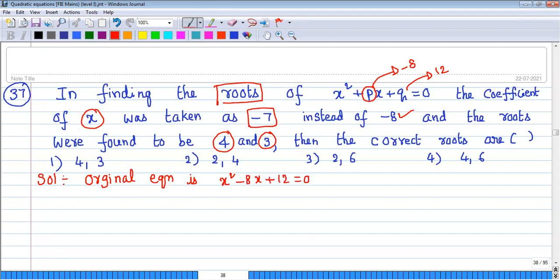Now the correct roots we need to find out. This we can write as x minus 4 into x minus 2 equals to 0. Sorry, this is 2, 6. Am I correct? x minus 6 into x minus 2 equals to 0. Yes, 2, 6. Third option is the correct option.